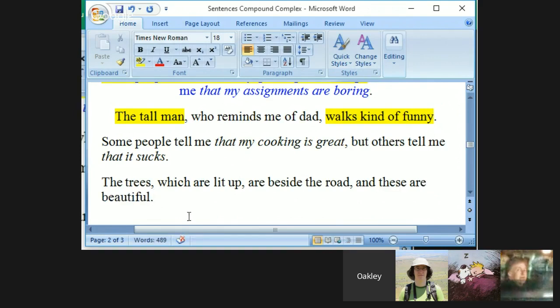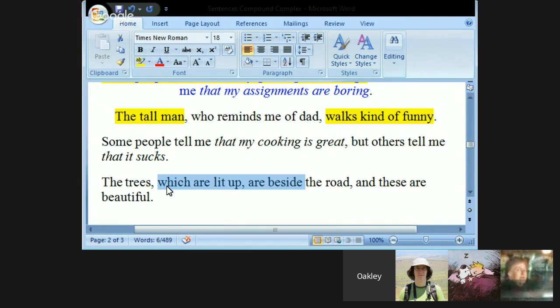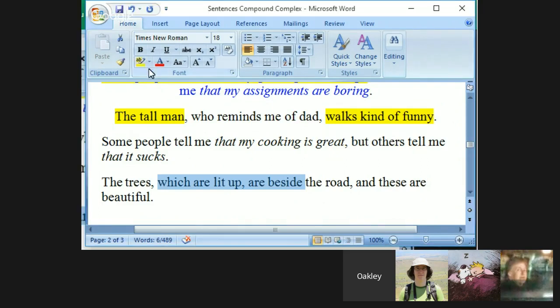Okay, great. Great job as far as, all right, there we go. Our dependent clause, there's only one in this case. Here it is in the middle. Okay. The trees which are lit up beside the road. Oh no, it's this whole thing here. Oh. Okay, yeah, all right, very good. All right, so, all right.